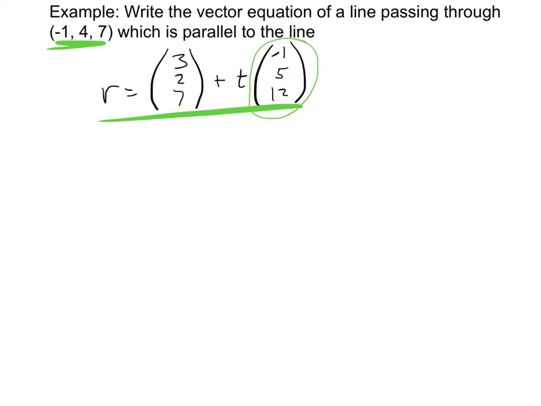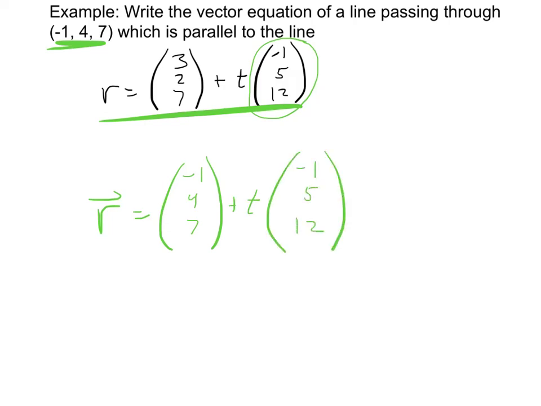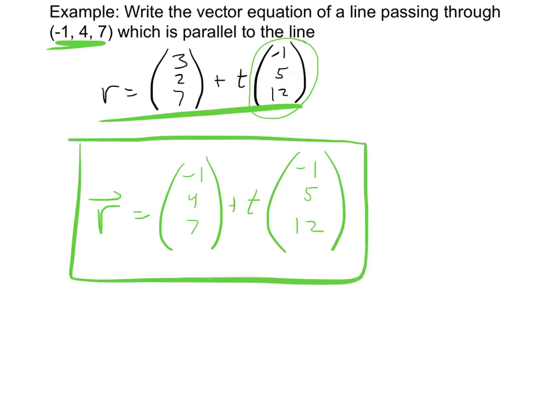So the easiest way to write this line is to just say that my parallel line will go through the point negative 1, 4, 7, and then we'll have a directional vector that is the same as the other one. The idea is that these two lines are parallel to one another because their directional vectors are not only proportional, they're actually the same as one another. These two lines have the same directional vector, they're just going through different points. And so that tells us that the lines are parallel.